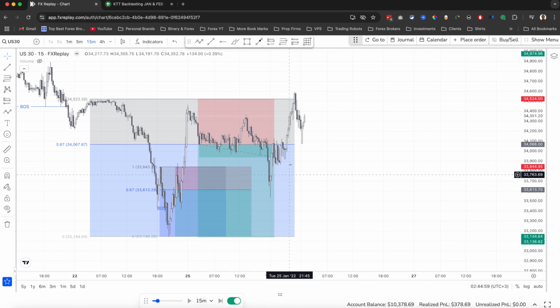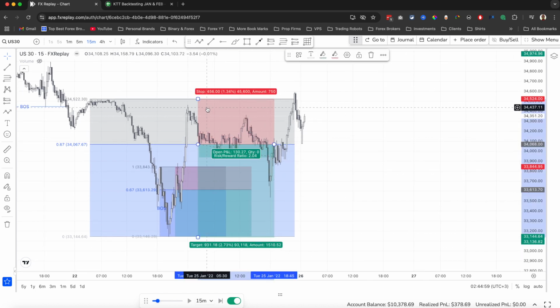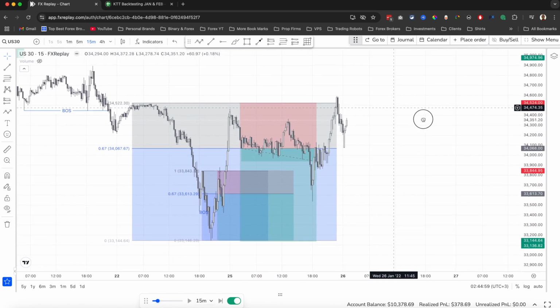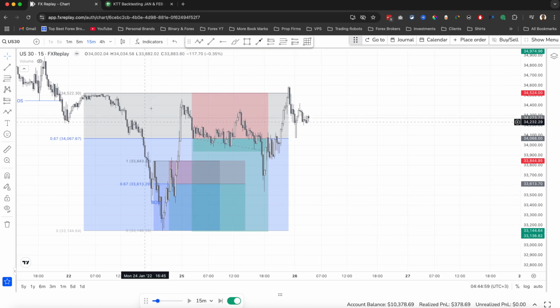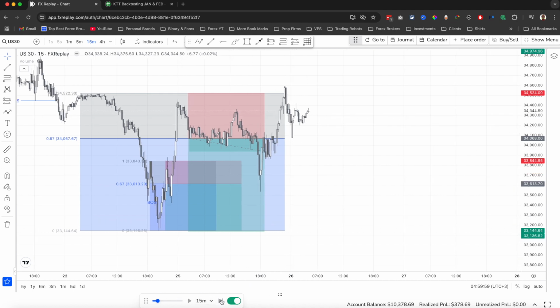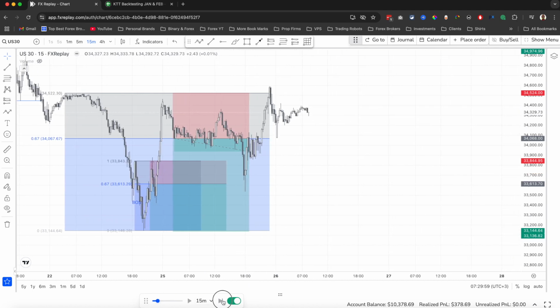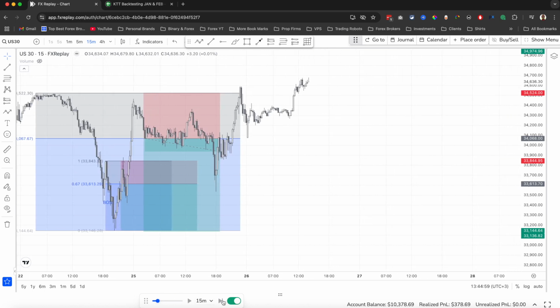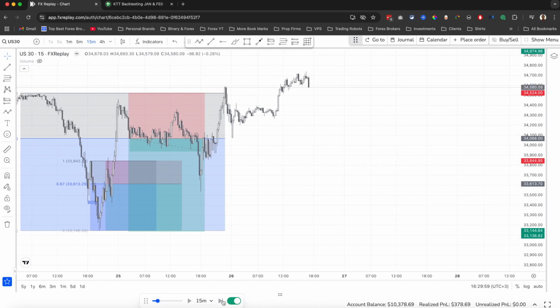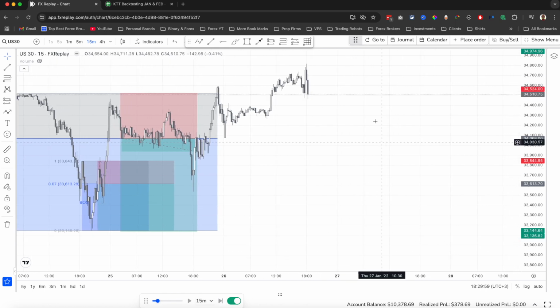So this is now the third loss. We see the price took us, and then it went down like 1:1, and then the price reversed. So that is our third loss. Because the price is now moving up, let's just watch it to see what is happening. It's like the price was moving up, right?